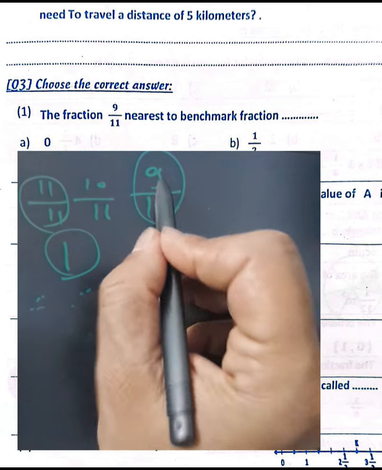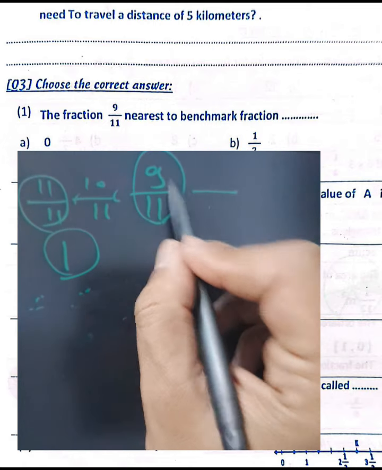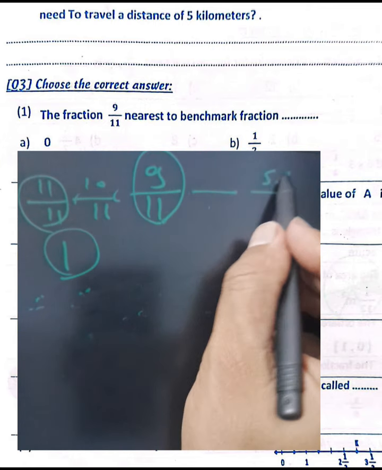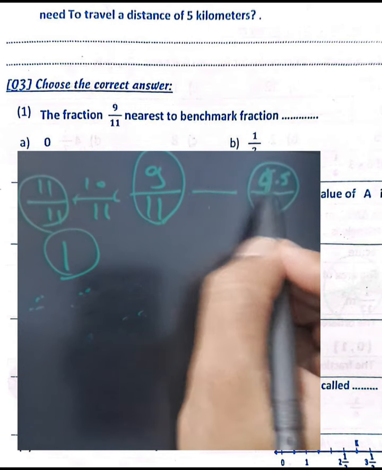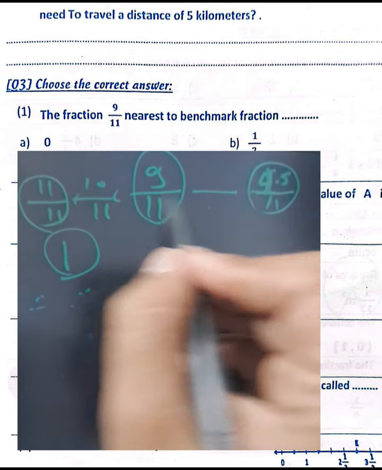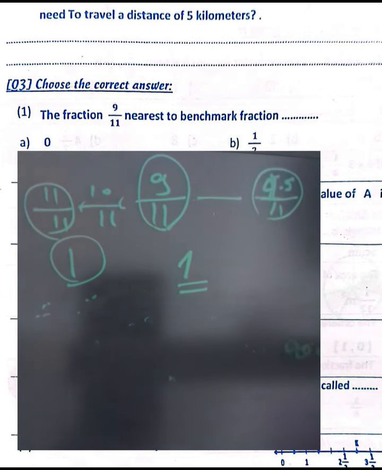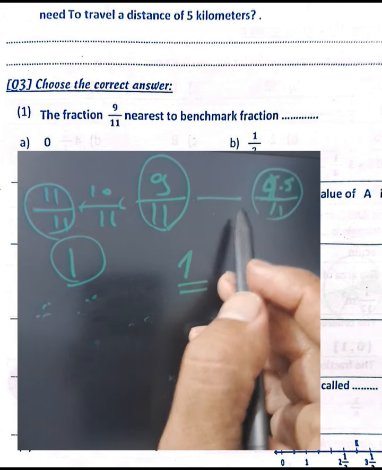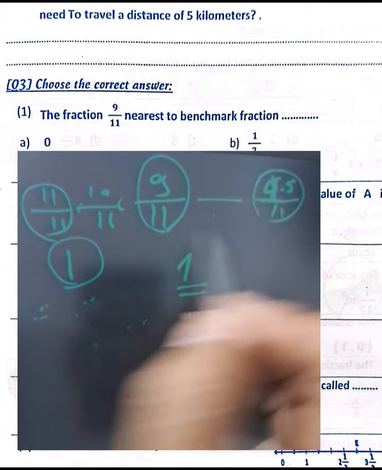But 9 over 11 has a long distance from a half, because half of 9 is 4.5. It's nearest to 1 because 9 over 11 is nearest to 11 over 11, and there is a greater distance between 9 and 4.5.